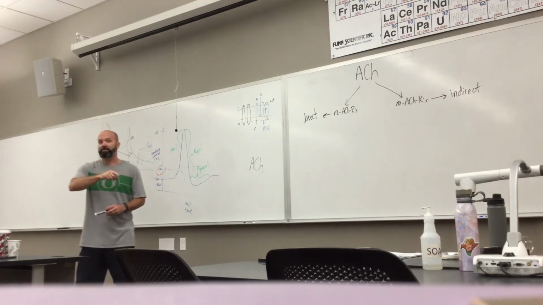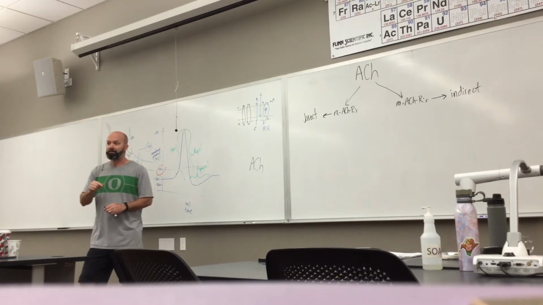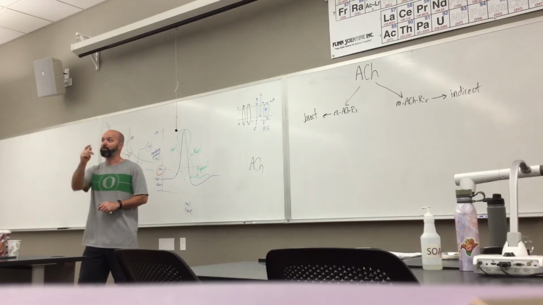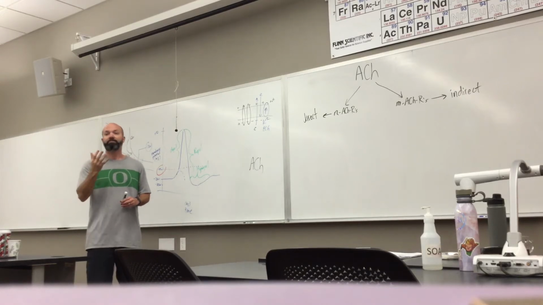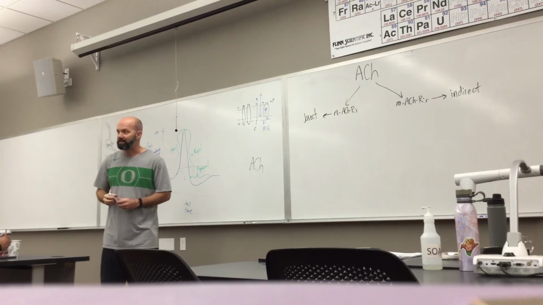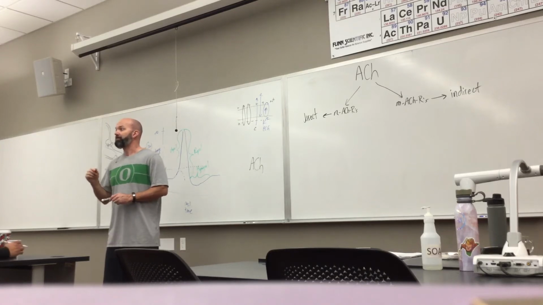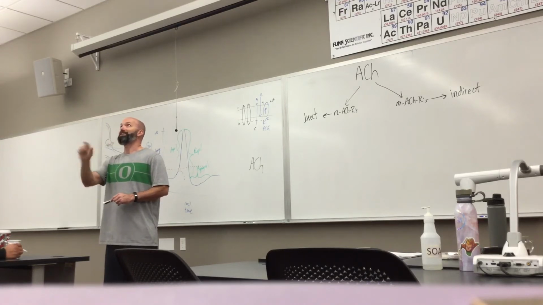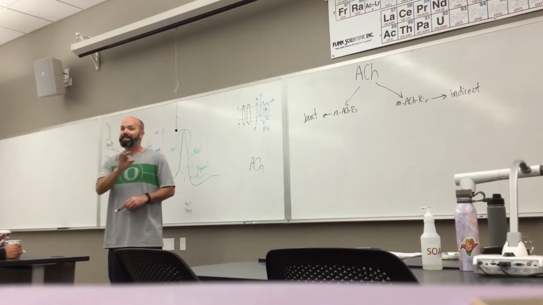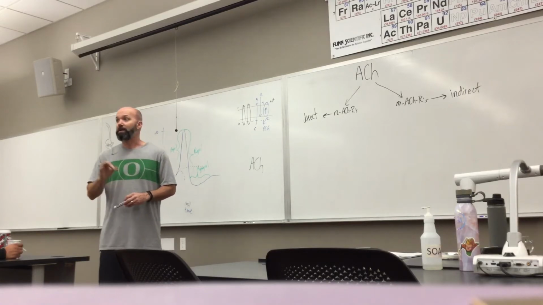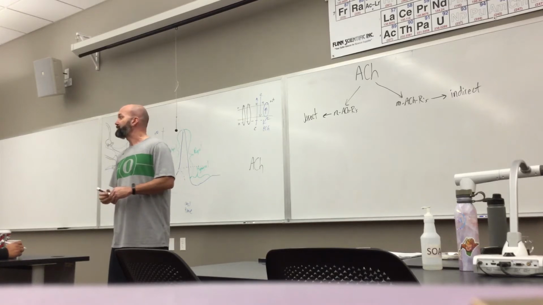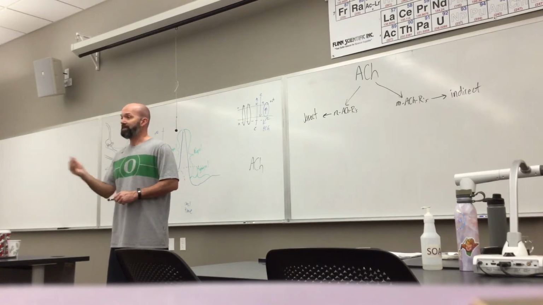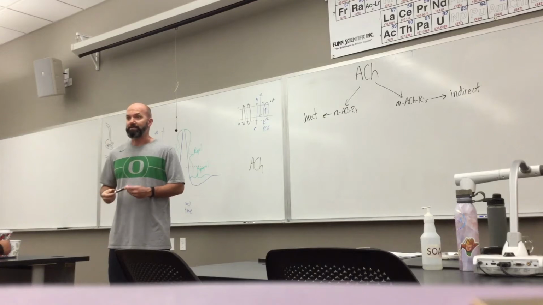And after it activates enzymes, each one of those enzymes, called kinases, can phosphorylate multiple proteins. So if you have 5,000 activated kinases, and each one phosphorylates a protein, you get at least 5,000 proteins doing something in that cell. And if it's a channel, you just open 5,000 channels.